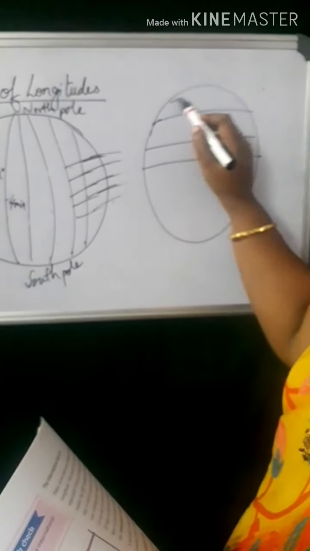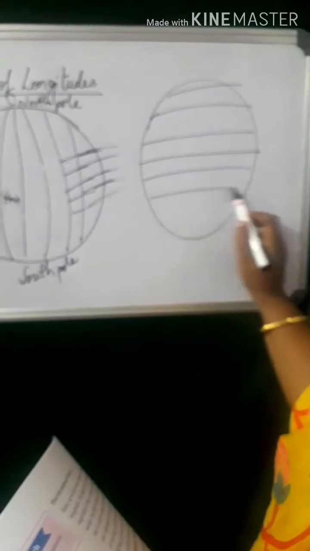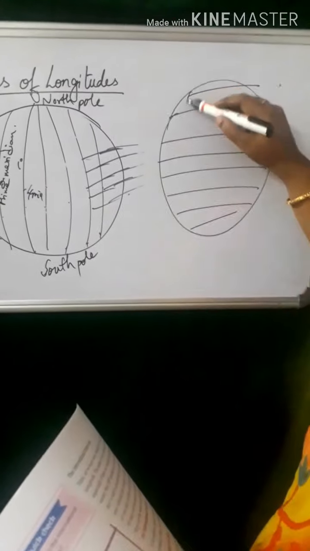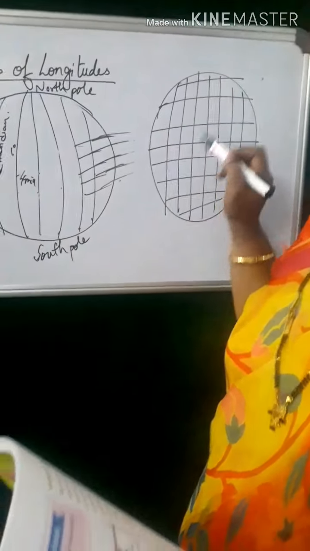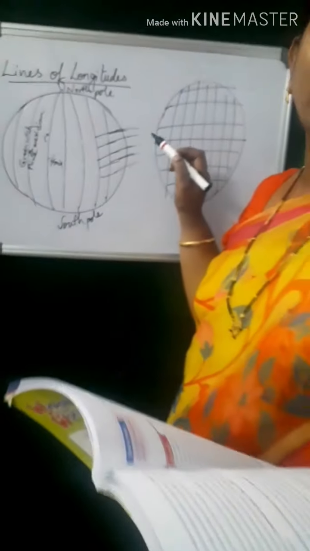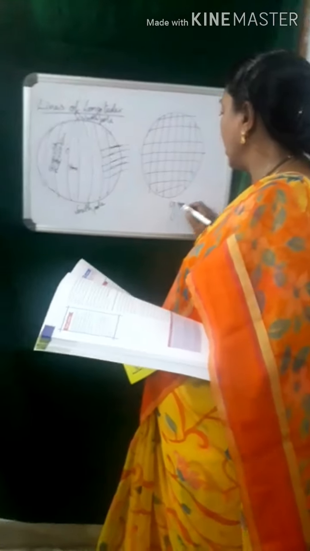These are latitudes and these are longitudes. So, this net is known as the grid. Lines of latitudes and lines of longitudes together form this grid.